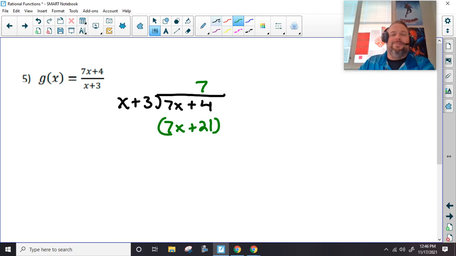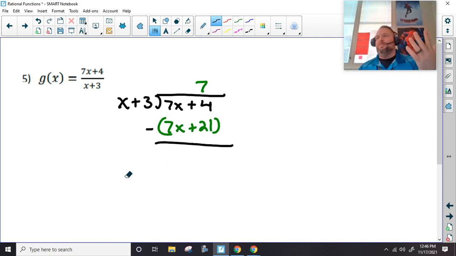I'm putting it in parentheses so that you know, because if I didn't put it in parentheses, this is where I was getting lost reading it from the book, I was not doing this part right here. So we know the 7x's will cancel. That's the goal. 4 minus 21 is negative 17.